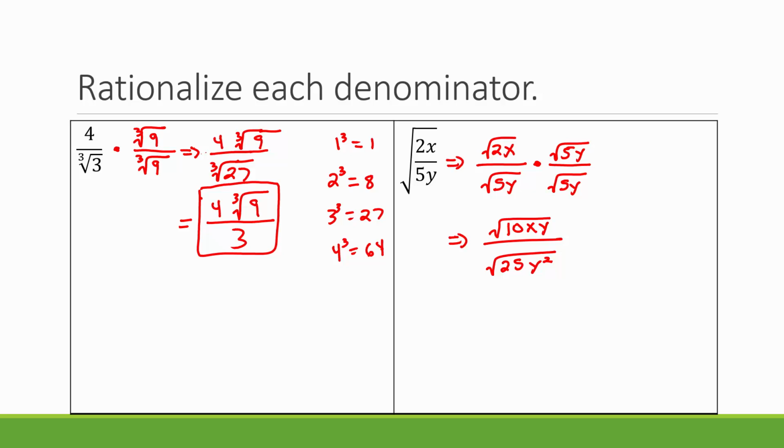No perfect square will go into 10, so I'm going to leave that just like it is. 25y squared is a perfect square. That's the whole reason we went through this process. It becomes 5y. And again, I cannot simplify those numbers or variables because my numerator is under the radical, whereas my denominator is not.